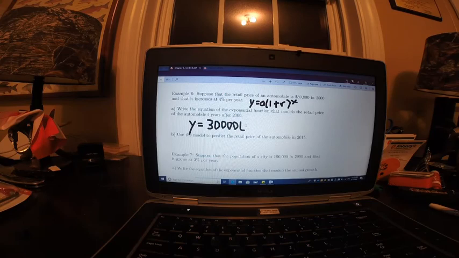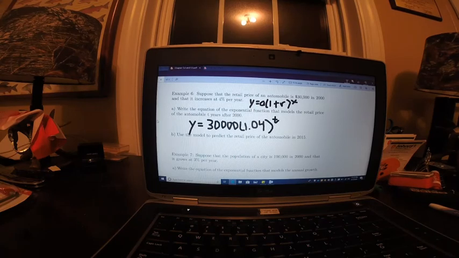So 1 plus 0.04 is pretty simple, it's just going to be 1.04. And it'll be raised to the t, because it wants t years after 2000. So your answer to A would be y equals 30,000 times 1.04 raised to the t.